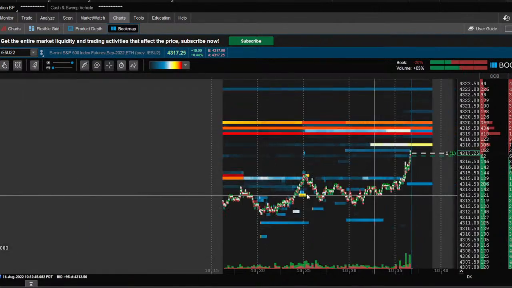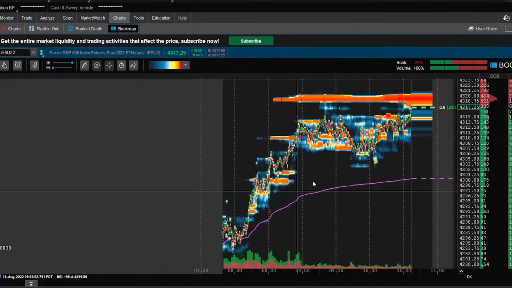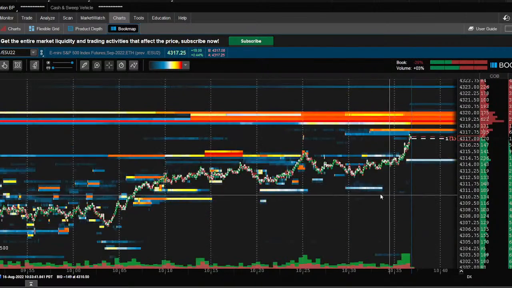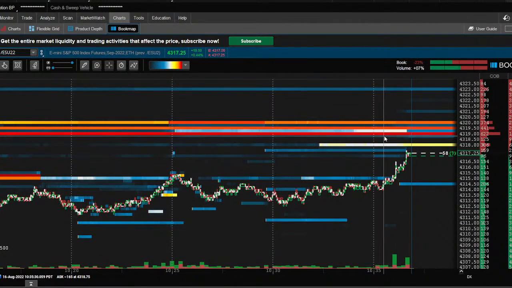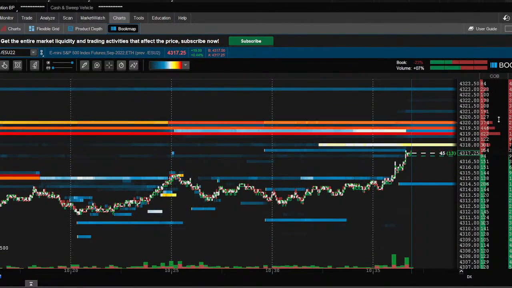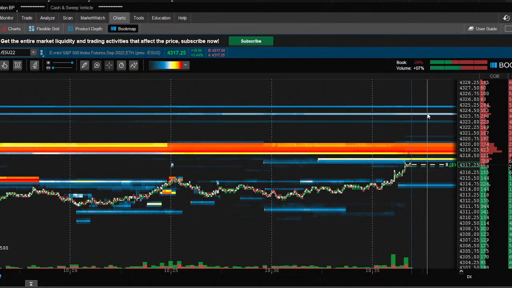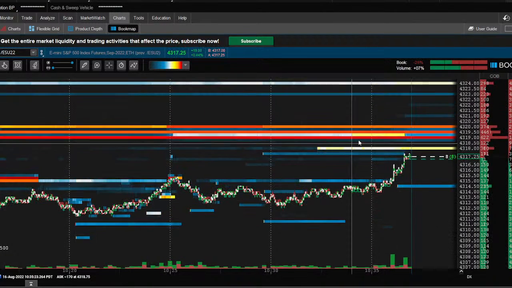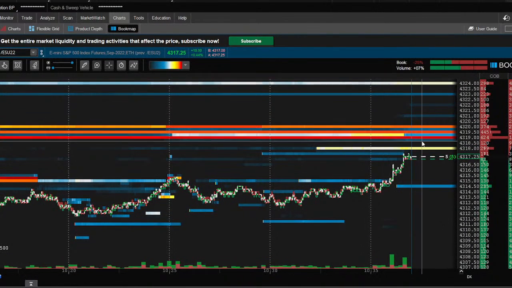Just remember, Bookmap really does help around these moves right here for the SPY. There's liquidity here of 43.19 all the way to 43.20. There's others right here, very light though, but this is where the most liquidity is at.